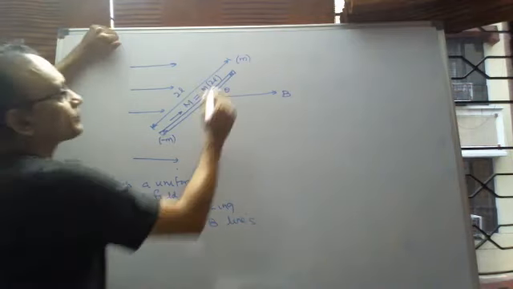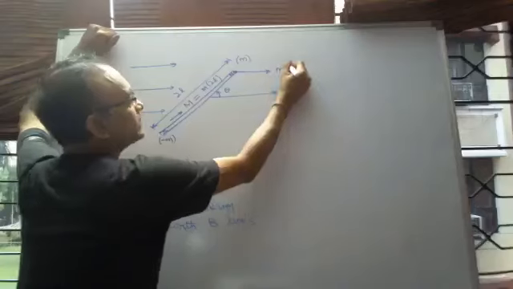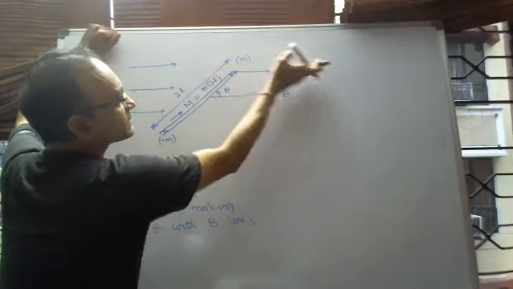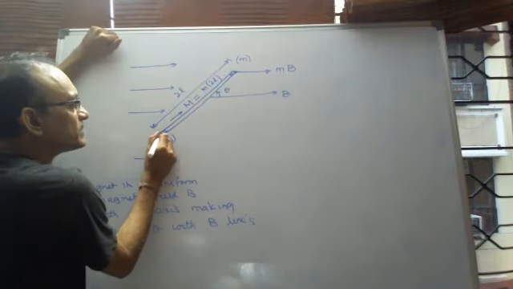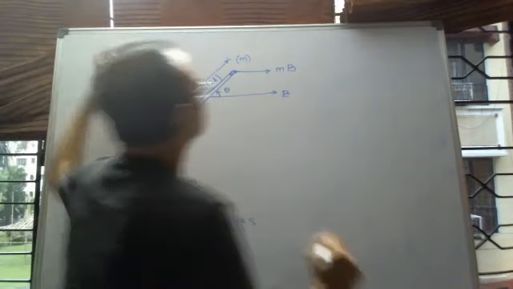So obviously, this fellow will experience a force like this, M into B. B is the force per unit pole strength. So pole strength M, like this unit, right? The south pole will experience a force opposite to the magnetic field, M into B, right?